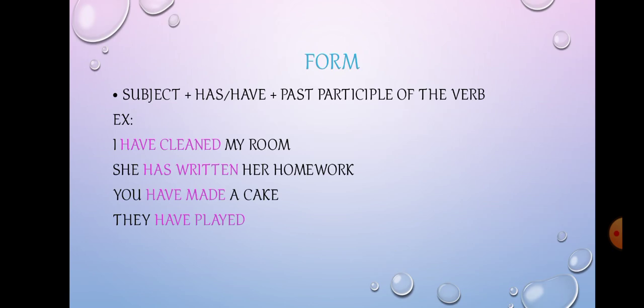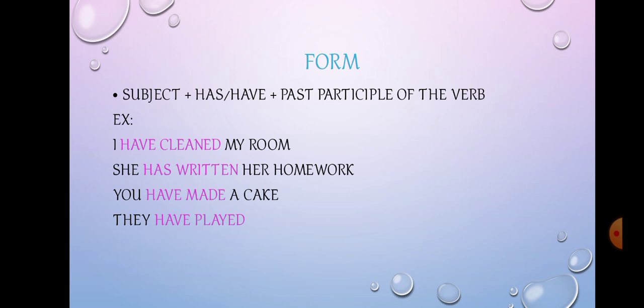The way we write it, or in another name the form of the present perfect tense, is first you need to put the subject. The subject is he, she, it. It can be any pronoun or a noun. A noun or a pronoun can be a subject, and then we put has or have, and then the past participle of the verb.